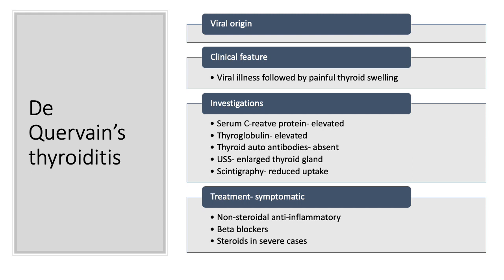It is different from Hashimoto's thyroiditis in that the thyroid autoantibodies are absent in De Quervain's thyroiditis. Ultrasound scan shows an enlarged thyroid gland, and thyroid scintigraphy reveals reduced uptake. Treatment is usually symptomatic. The main management is non-steroidal anti-inflammatory drugs and beta blockers. In severe cases, steroids will be added.